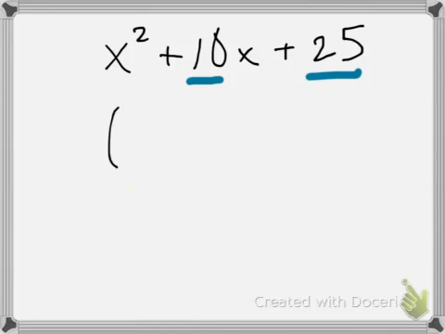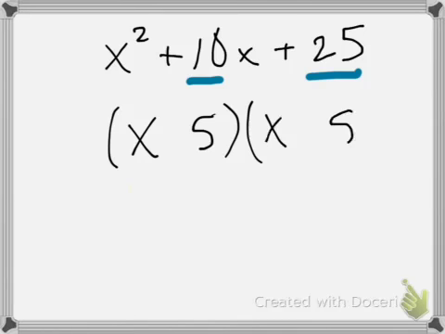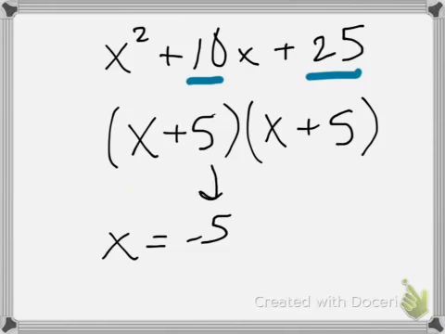So you know that 5 times 5 is 25, and 5 plus 5 is 10. So that's all you have to do. It's positive 5, positive 5. So the answer is just x equals negative 5 because they both go to that.